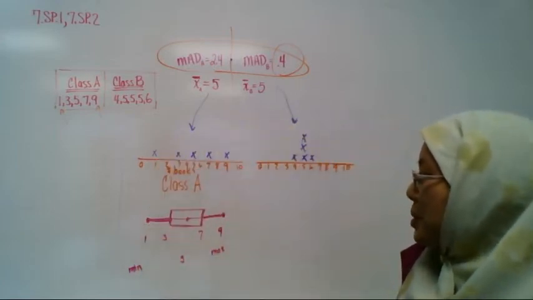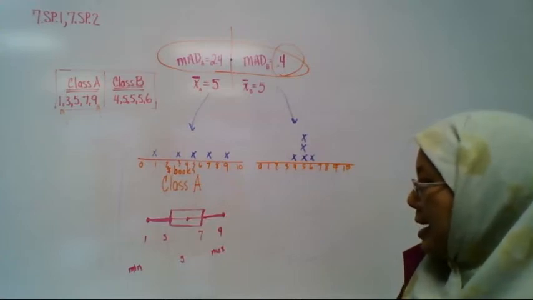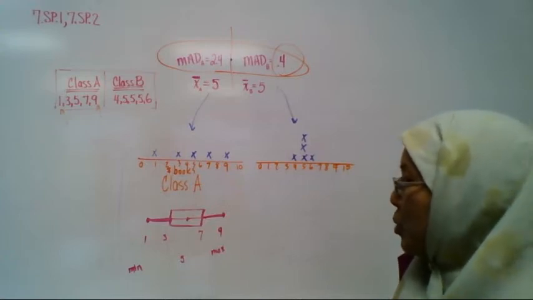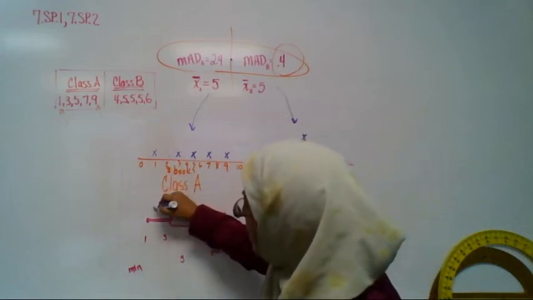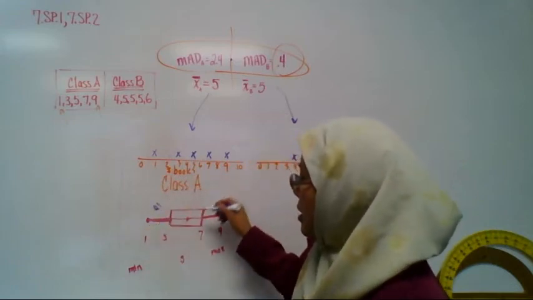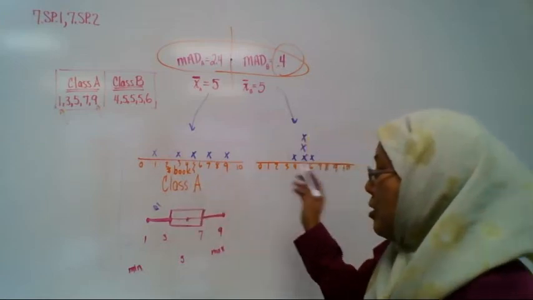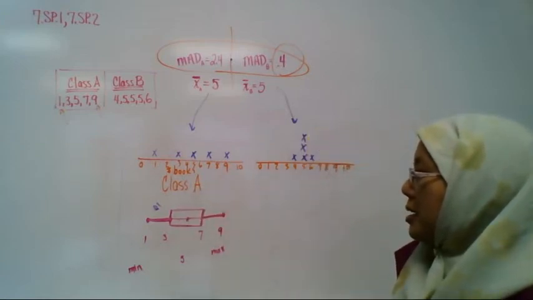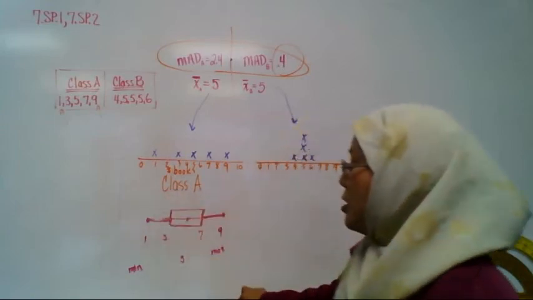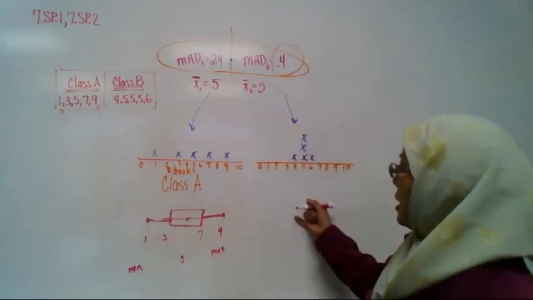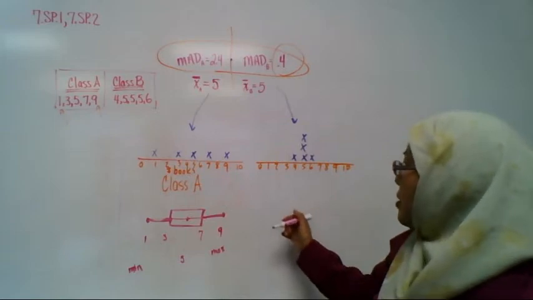That's your box and whisker plot for Class A. Okay, so this would be quartile 1. I'll just put Q1 so you know. Your first quartile, here's your median, your second quartile, and then your third and fourth quartile. Okay? Alright, so you don't need to really do that.